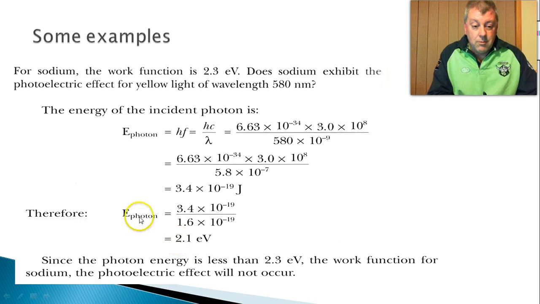And so we work out that the energy of the photon is 2.1 eV. If the work function is 2.3, this photon does not have enough energy to overcome the work function. Therefore, we wouldn't get the photoelectric effect. Now, we could have just as easily converted this to joules and then compared joules and got the same answer.